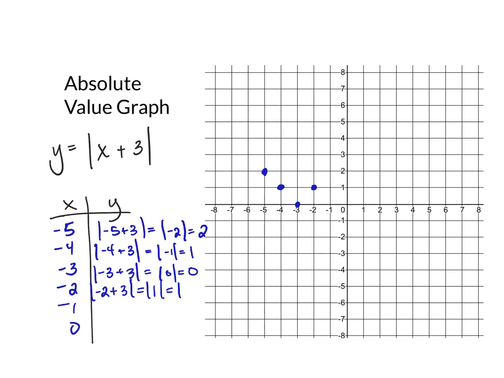And you can guess kind of the pattern here. -1 plus 3 is 2. We're still in the absolute value. +2 for that. And then 0. 0 plus 3 is going to give me 3. Still in the absolute value. Take the absolute value, we're going to get +3.